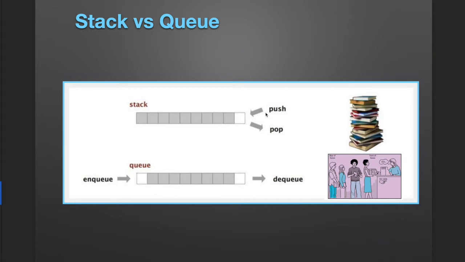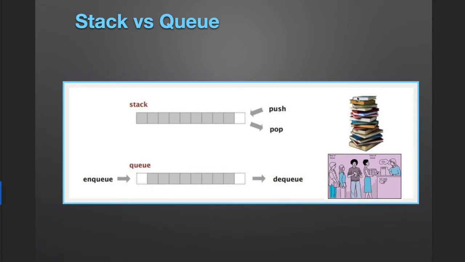Push is to add or insert an element, pop is to remove an element, and peek just returns the value of the top. And again, you can think of a stack like a pile of books. You cannot access anything but the top element, and you can see it here.